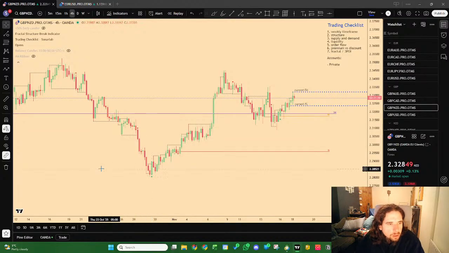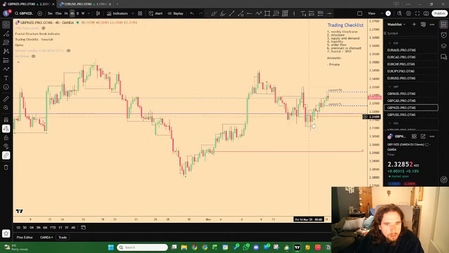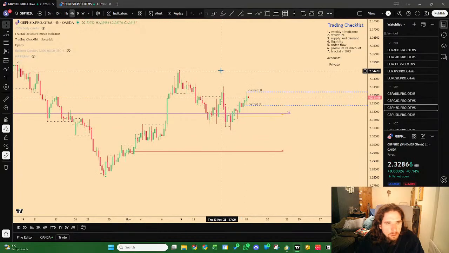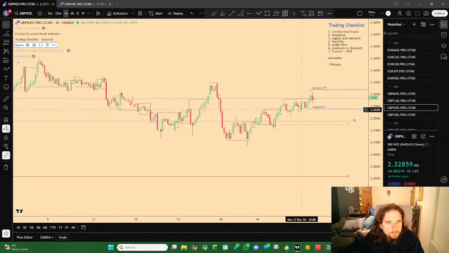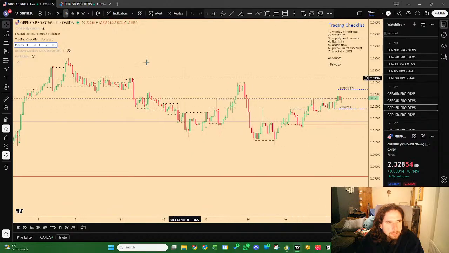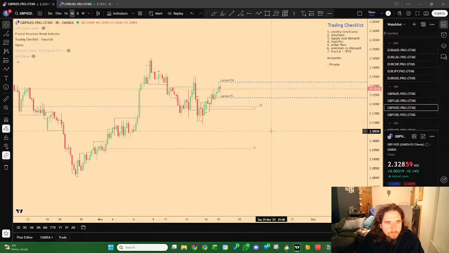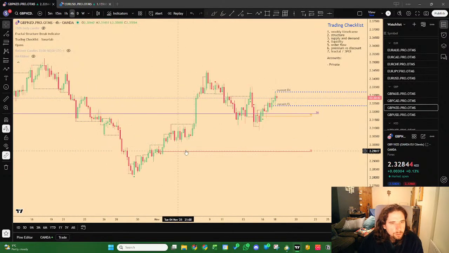Yeah, you could say that we've gone bearish here, so only once it breaks this area here will we be bullish again. But there's still so much liquidity building up here that we could see a push to the downside again.